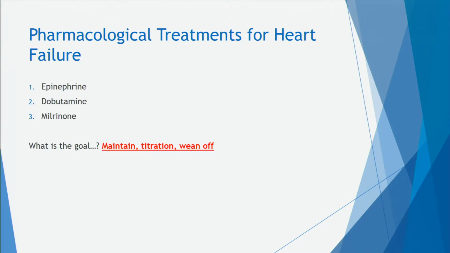We're just going to leave them on 2 mics per kg. They're going to go to the floor on 2 mics of dobutamine, and we're not going to mess with it? Or is this something we're going to want to titrate off before they leave the PACU and go to the floor? So this is what I want you to be thinking: are we going to be maintaining it, or are we going to titrate it to wean it off? And this is what you want to be getting in report from Dr. Galano and your anesthesiologist as they come on board.